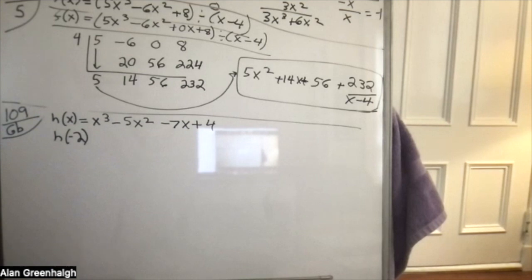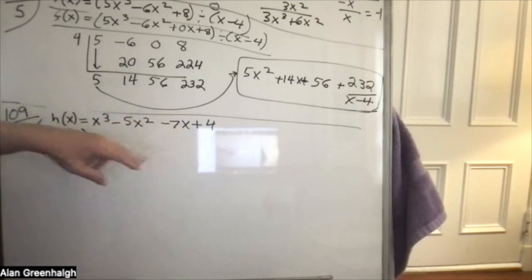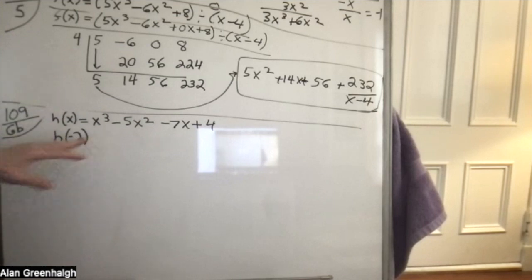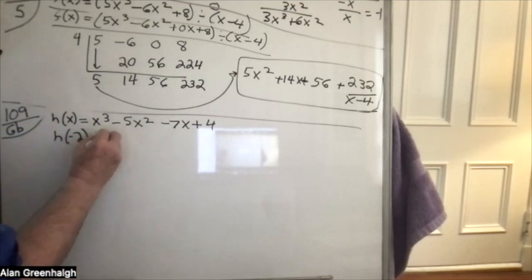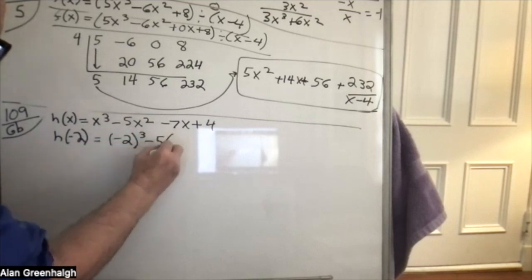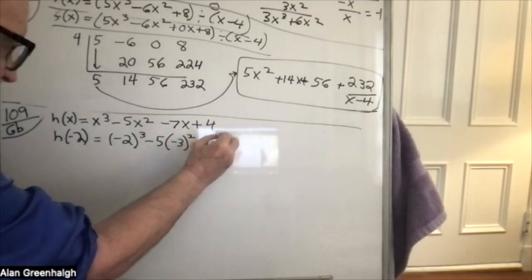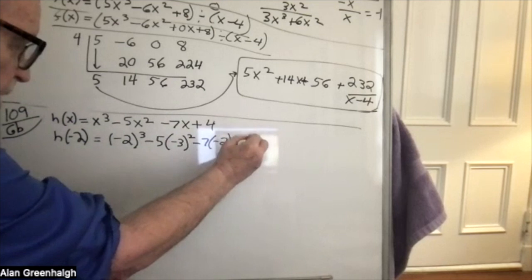Well, the remainder theorem, if you remember correctly, simply tells us that if we substitute this in here, we're going to wind up with either 0 if there's no remainder and it's actually a factor, or a remainder. So -2 to the third minus 5 times -3 to the second minus 7 times -2 plus 4.